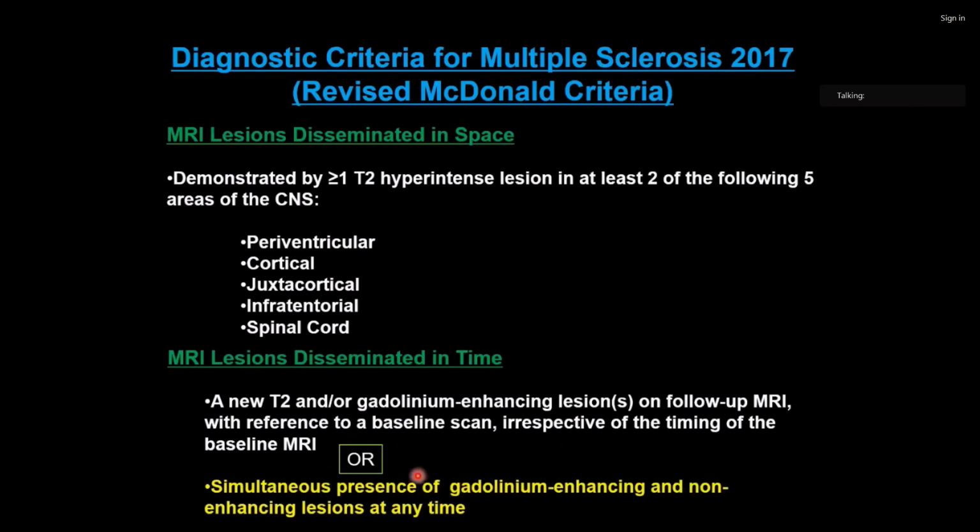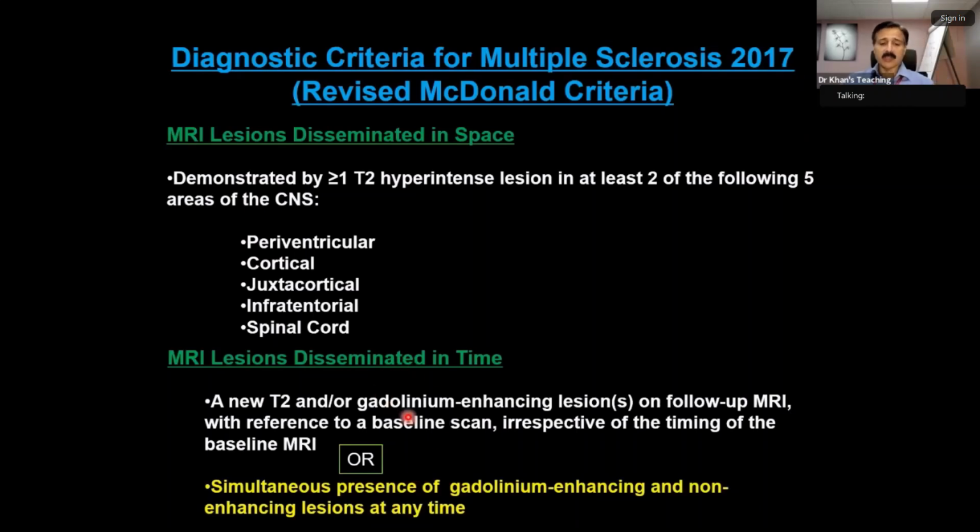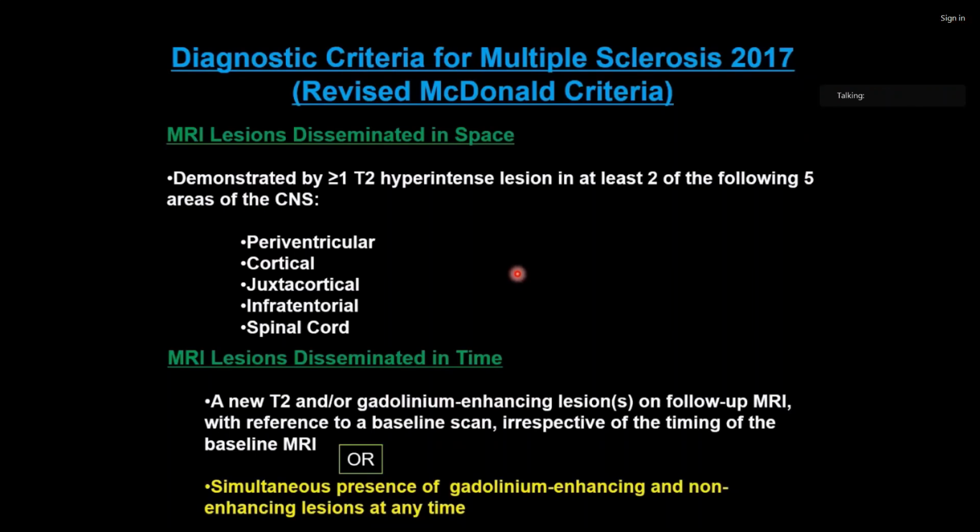So this is the use of contrast. Another criteria, of course, is to do a follow-up scan, in which a new T2 lesion means a new lesion. But using contrast, you can diagnose MS on the first presentation, and that is a potential Viva scenario.